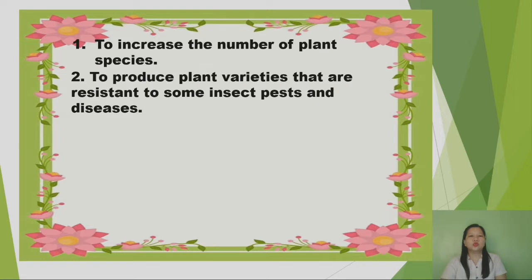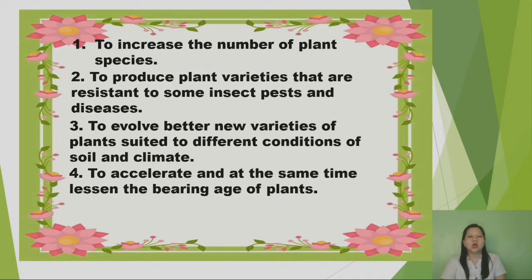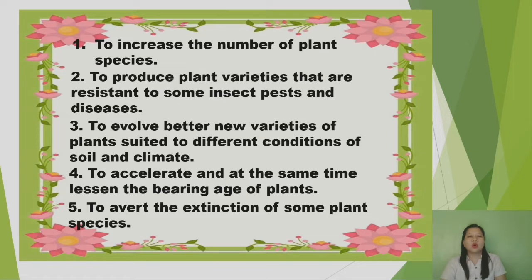To produce plant varieties that are resistant to some insect pests and diseases. 3. To evolve better new varieties of plants suited to different conditions of soil and climate. 4. To accelerate and at the same time lessen the bearing age of plants. 5. To avert the extinction of some plant species.